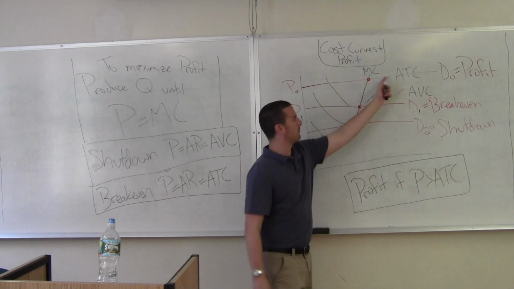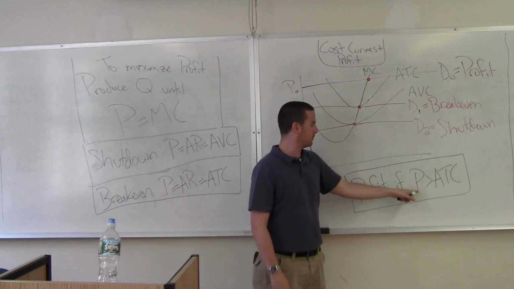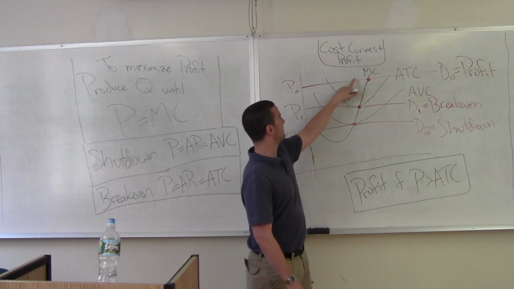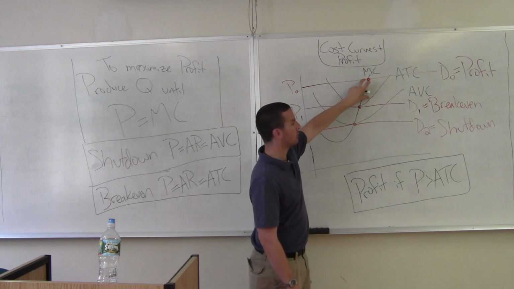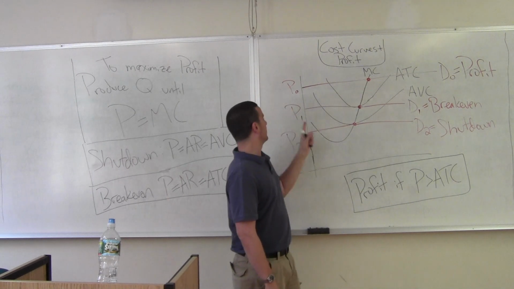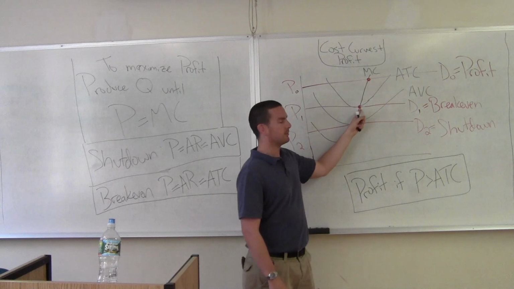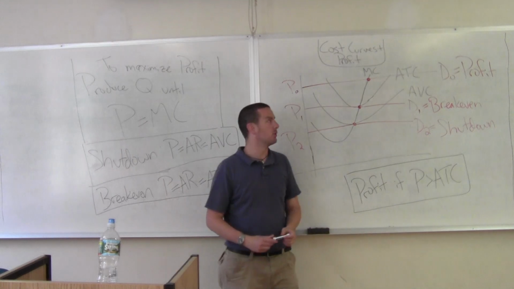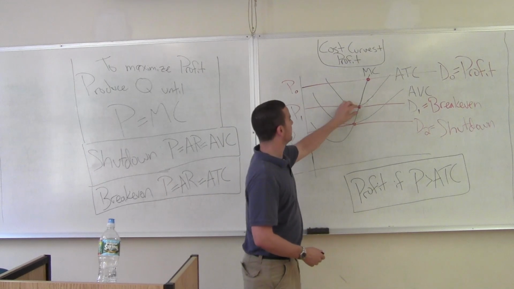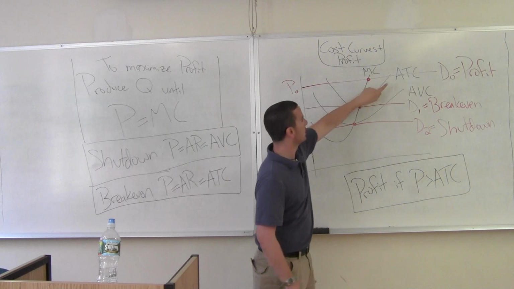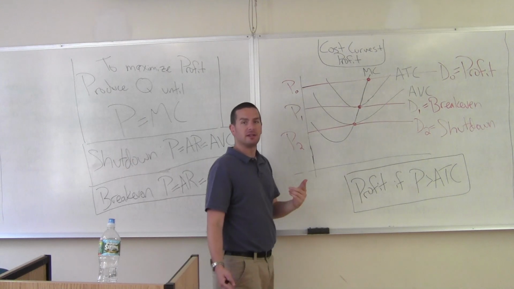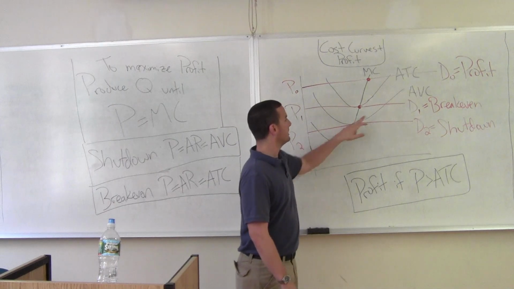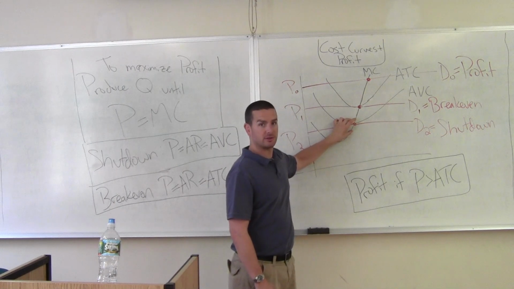So in the first example, you will make profit if your price is greater than the average total cost. If your price is greater than the average total cost, you're making profit. You break even if the price is equal to the average total cost. Okay? Finally, you're at the shutdown point if the price is equal to your average variable costs. Okay?